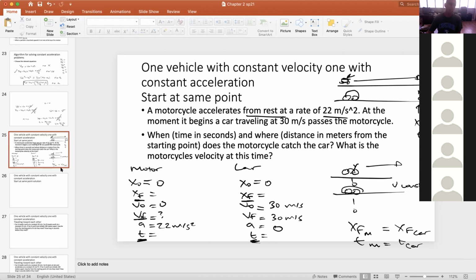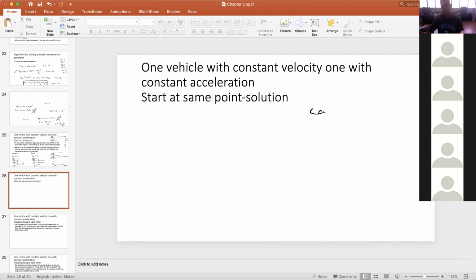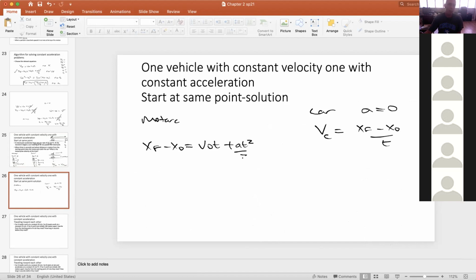So check this out. For the car, because the car has no acceleration, we know that V of the car is X final minus X initial over time. That's the only real equation we have for the car. For the motorcycle, we have X final minus X initial is equal to V naught T plus A T squared over 2, but the motorcycle starts at rest, so that term doesn't exist.